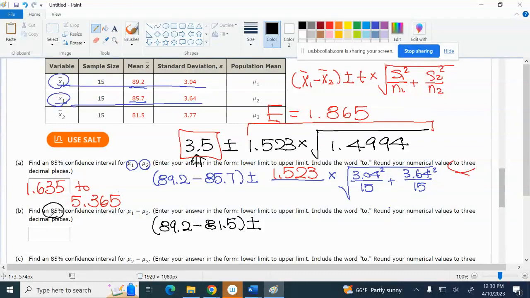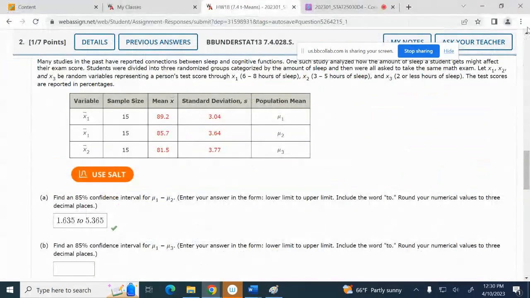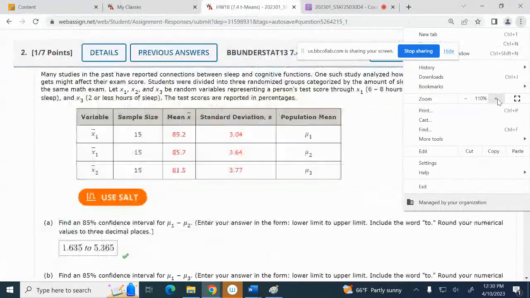I expect we are going to use the same t-score, 1.523, and now 1 and 3. So 3.04 square over 15 again. But now the third one is 3.77 square over 15. Can you set up? Right? Yeah. So you can take the other one. Okay, then now let me check the others.